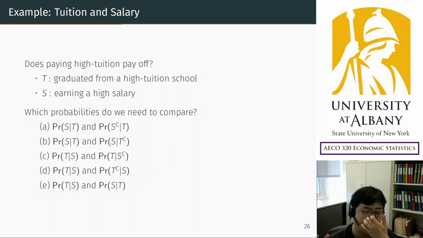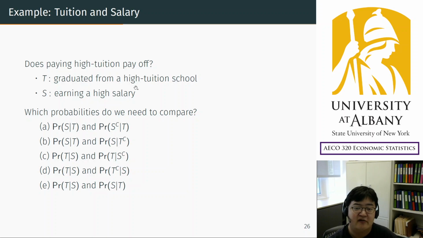So it's also a 2 by 2 structure, and the structure is similar to what we have studied in the previous videos. So first, what probabilities do you need to calculate and compare to answer this question?